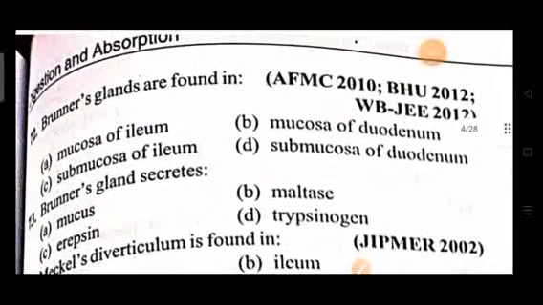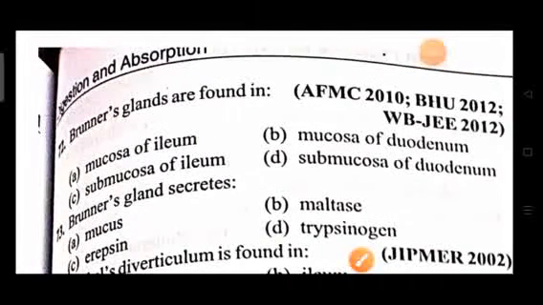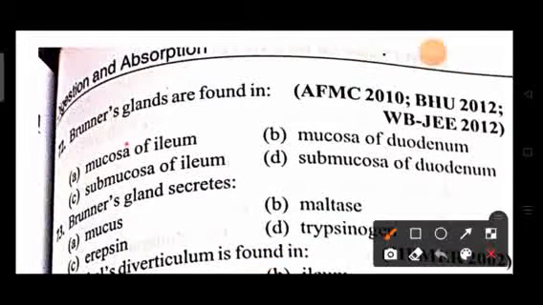Since the food is made acidic in the stomach, it has to be after the stomach, that is near the duodenum. In the ileum, digestion is almost complete, so these two options are to be eliminated.